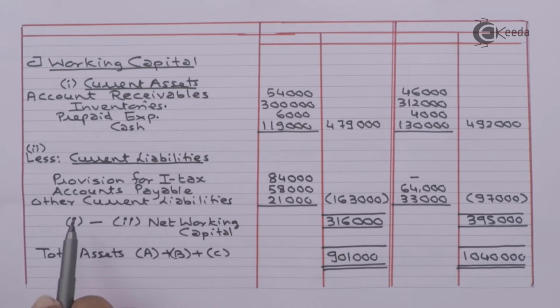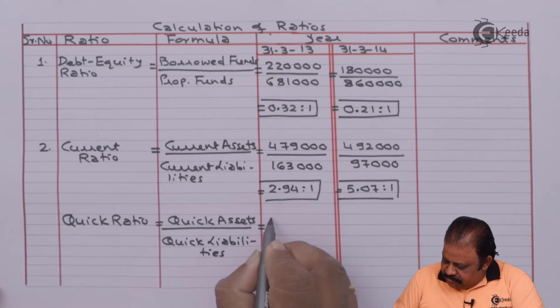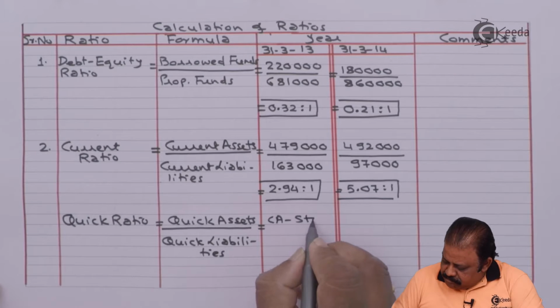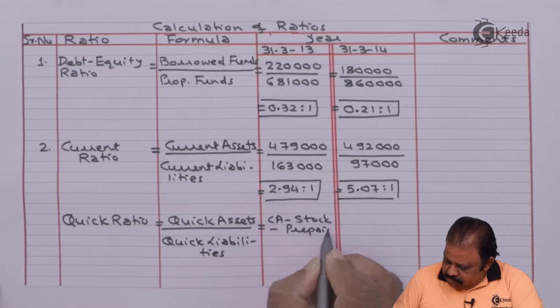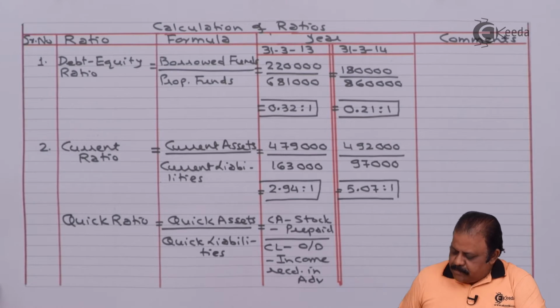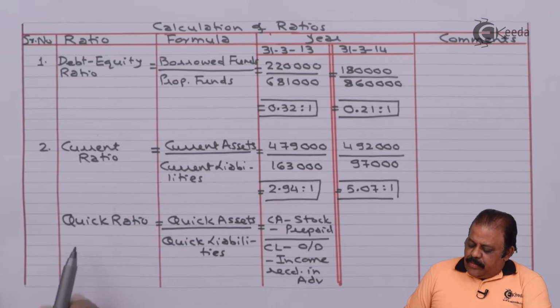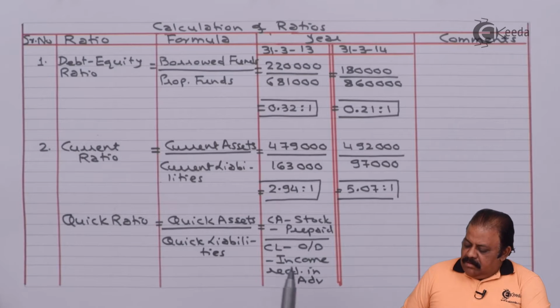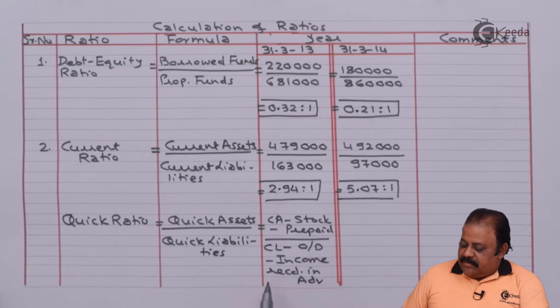Out of current liability, provision for tax, accounts payable and other current liabilities, all are current liabilities. Formula for quick ratio we can put like current asset minus stock minus prepaid expenses divided by current liabilities minus overdraft minus income received in advance.